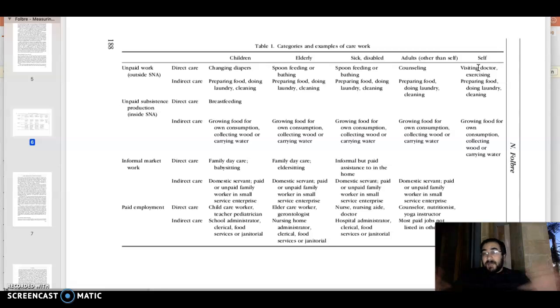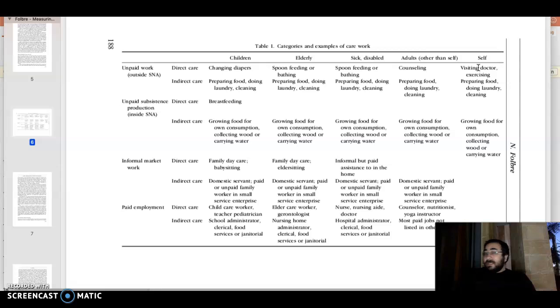So this is the wide extent of care work, and in many ways, it might be necessary to measure each of these to understand the full extent of care work, including the time spent on self-care and the care for other adults.